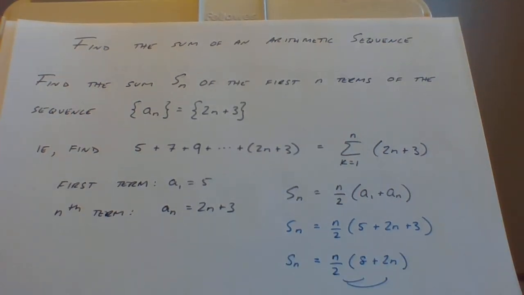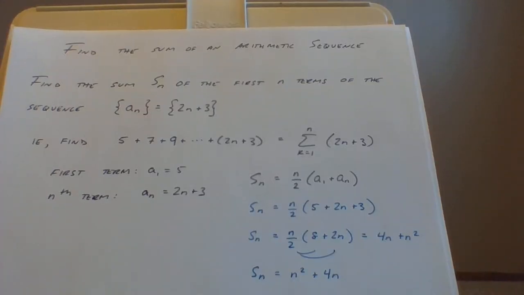That's going to give me an 8 plus 2n inside my parentheses, and let's go ahead and distribute by the n over 2. Once we distribute, we're going to get 4n plus n squared. And this would be our formula for the sum of this sequence. If you want to write it as n squared plus 4n, you could do that as well.